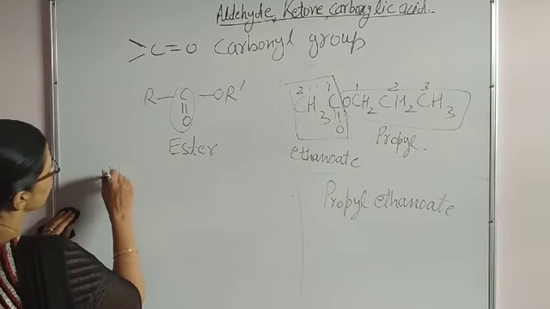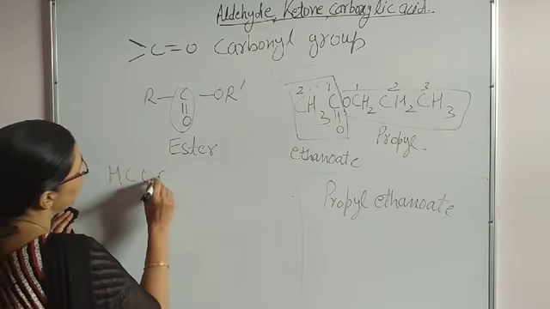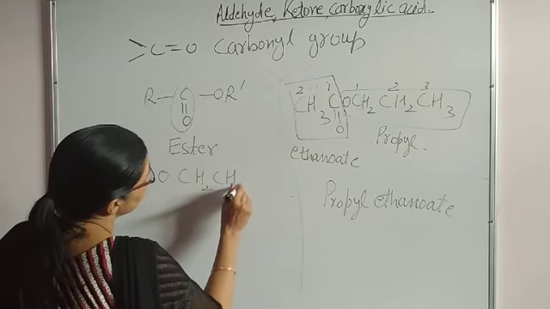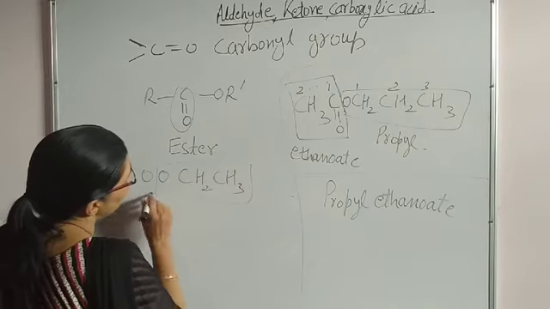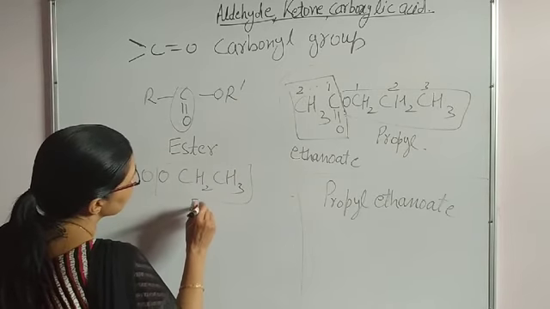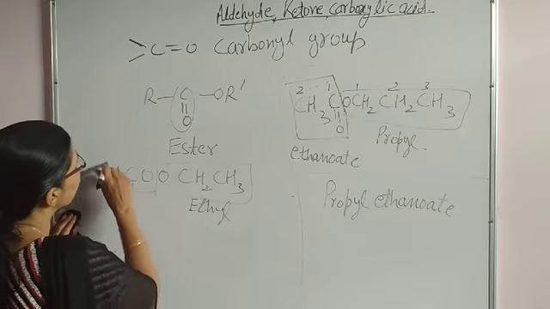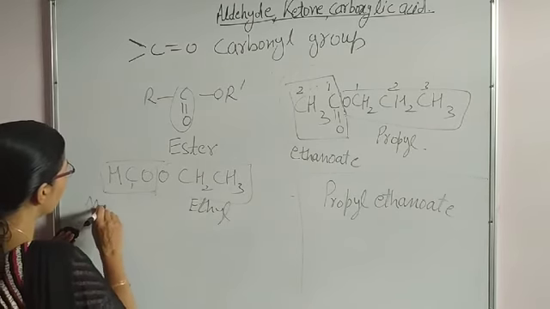HCOOCH2CH3. Easily you will name it as ethyl, and 1 carbon, so you can say methanoate.